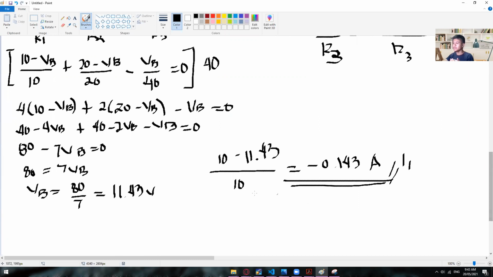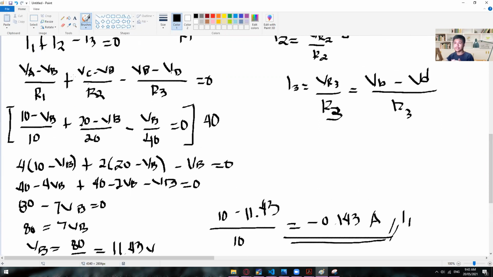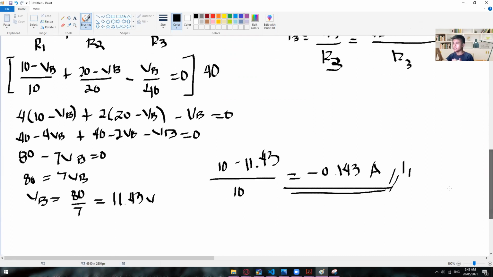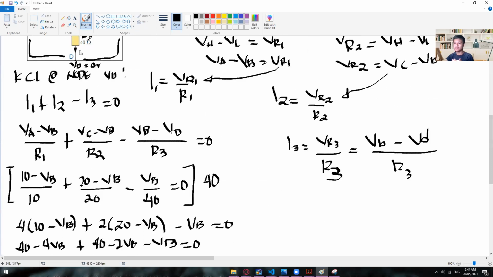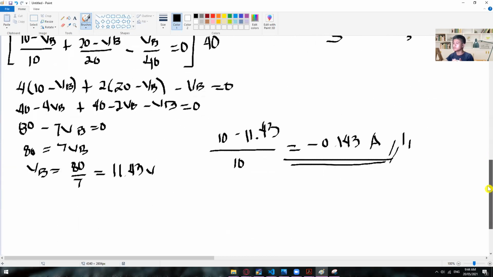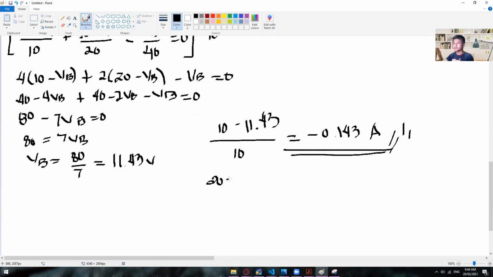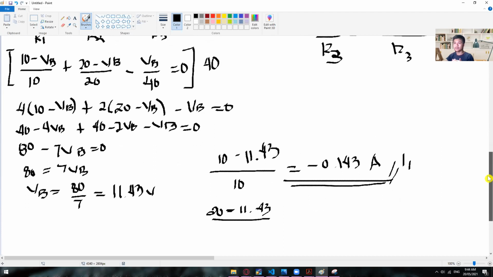And then for the I2, again, you can get this one: VC minus VB divided by R2 to get the value of I2. So VC is 20 minus VB is 11.43, divided by, what is our R2?